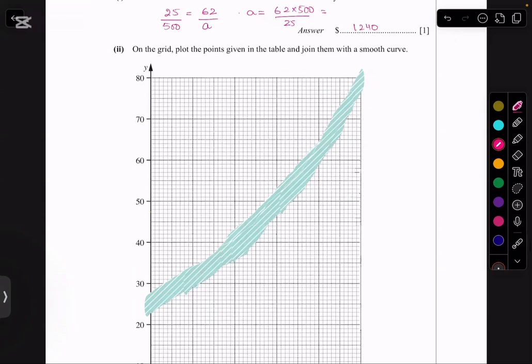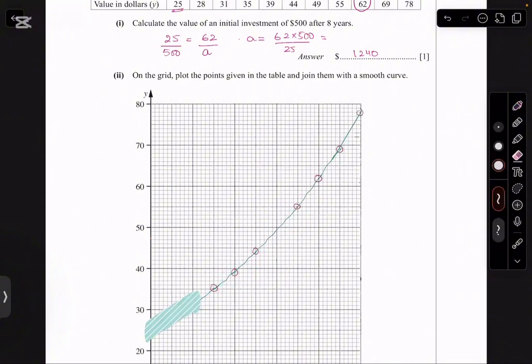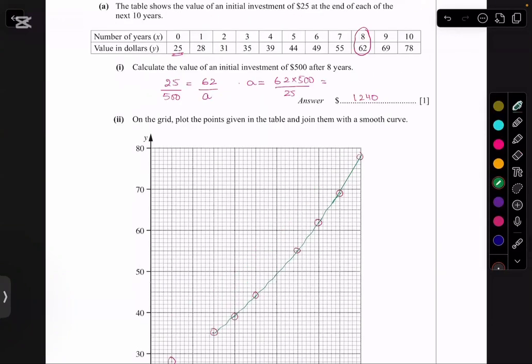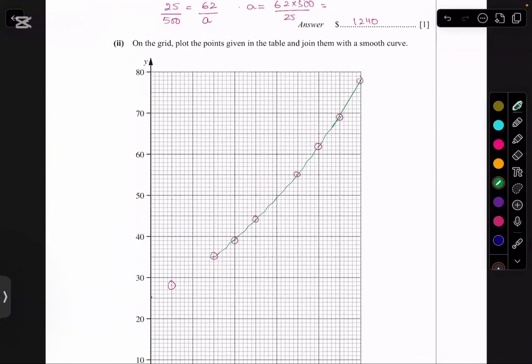On the grid, plot the points given in the table and join them with a smooth curve. I have done this part already to save some time. The points given in the table start with 0 and 25. So this is my 25 value here.